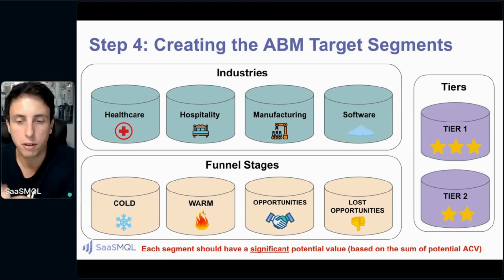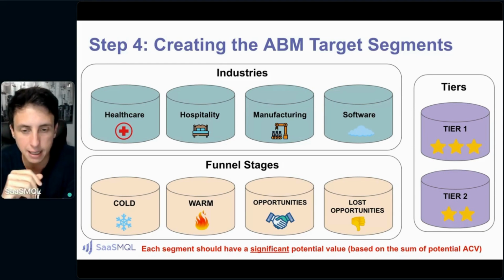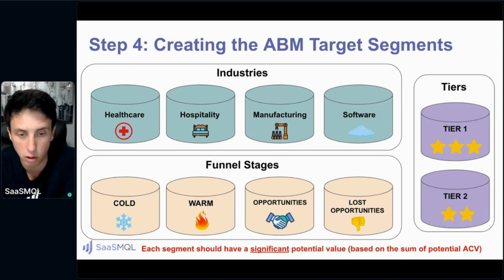But then you go further than that. You can segment or sub-segment those initial segments by funnel stage. So for example, in your hospitality segment, how many of your total potential customers are cold, so they never heard about your company? How many of them are warm? And warm can be a pretty broad definition, but let's say is everything that is not cold.